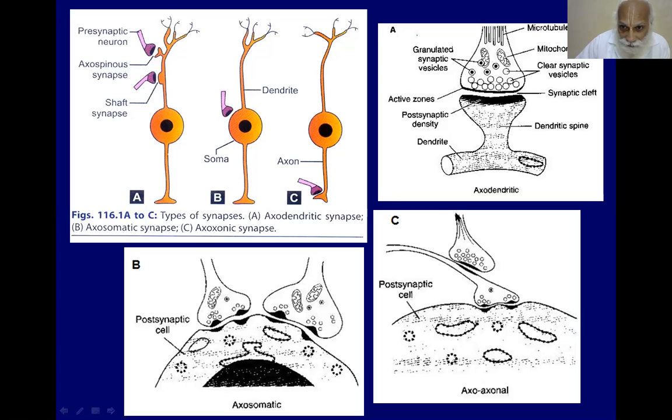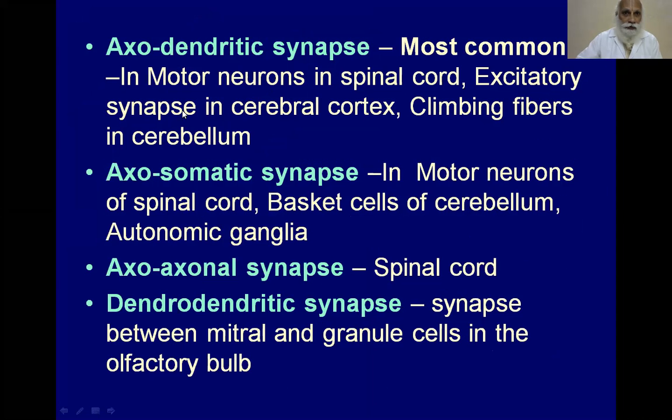So this is an axon, and this is also an axon. So you call this axoaxonic. You often see this in synaptic inhibition. So this is the description that we have just now said.